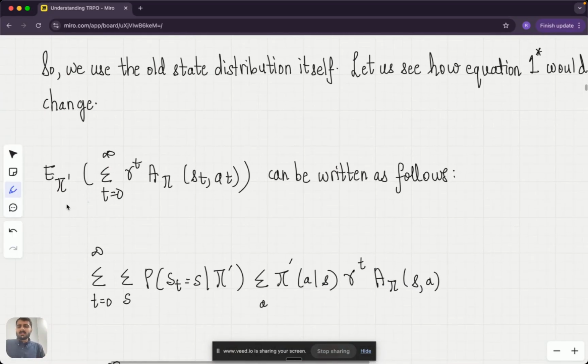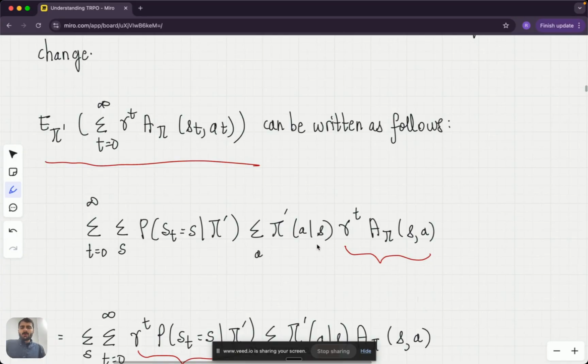Now, this is the expression that we have, which measures the difference between the new policy and the old policy, which is the summation of all the estimated advantages at all time steps. Now, we keep this term as it is, but we replace this expectation with a summation.